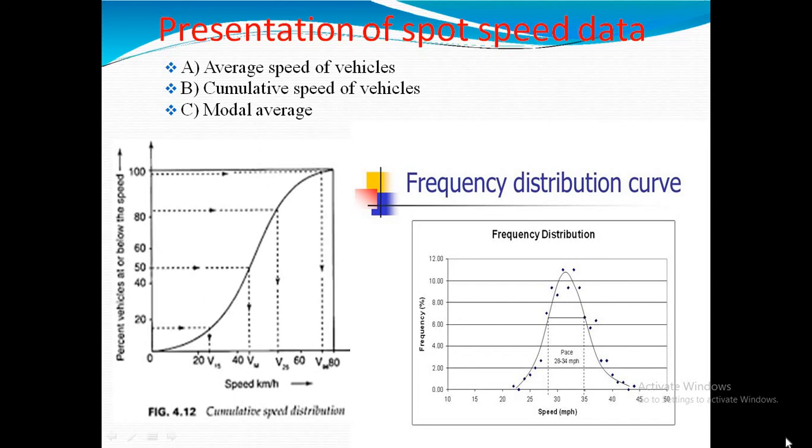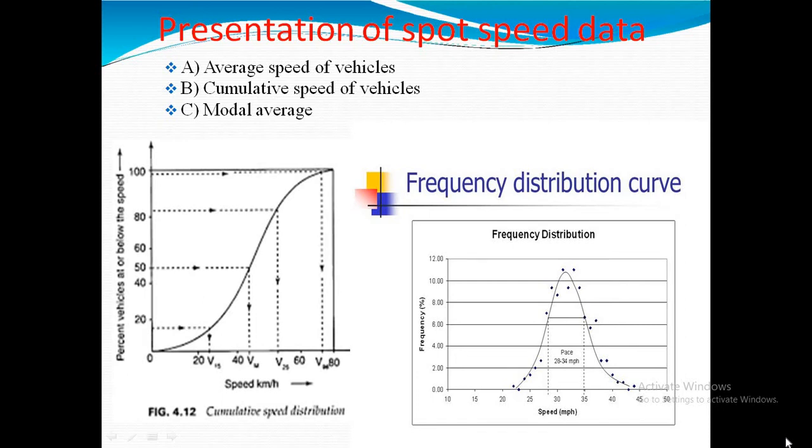From the spot speed data of the selected samples, the frequency distribution table is prepared by arranging the data in groups covering various speed ranges and the number of vehicles in each range. So we need to calculate basically the average speed of the vehicle.